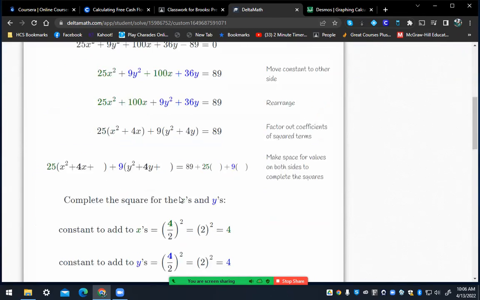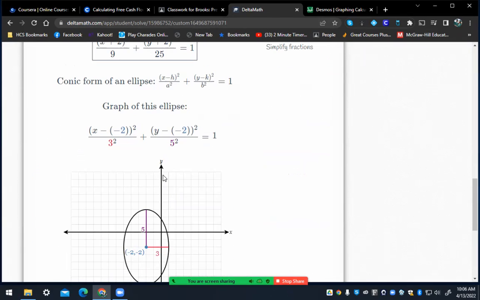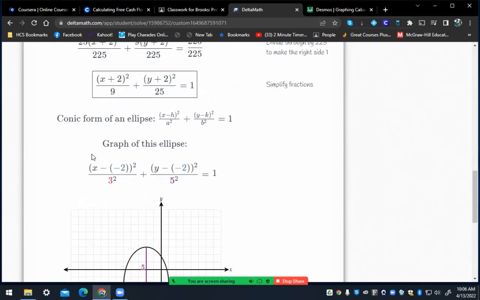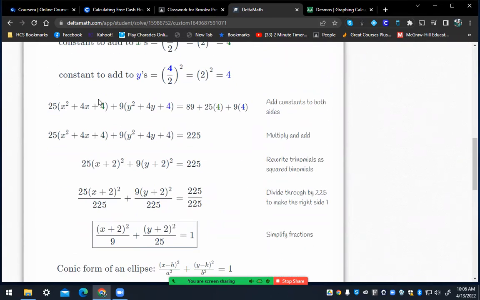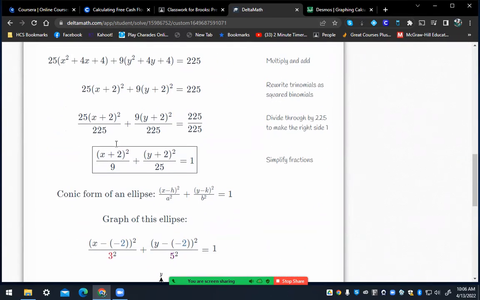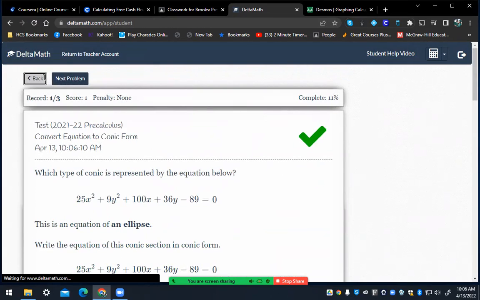And yay. Boom. But it didn't ask you to graph it. It just asked you to do this part. And I love how it breaks everything down for you. So if you didn't remember all that, you can go back and take a look at that.